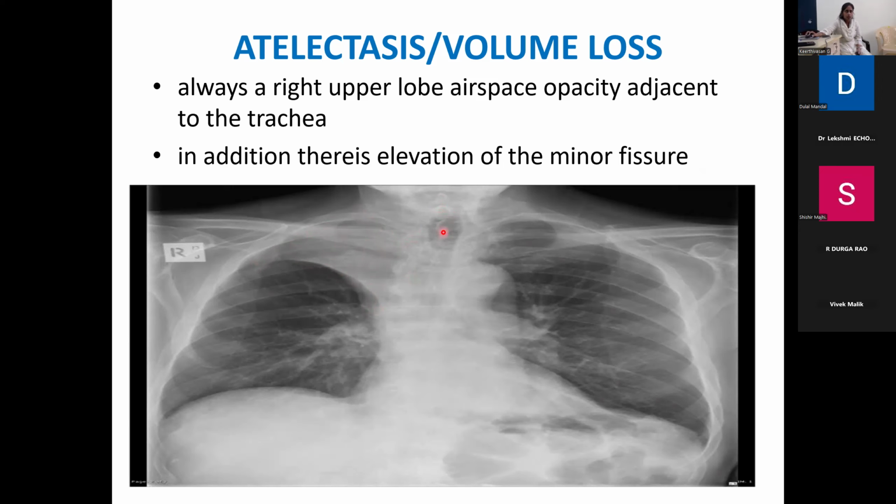The trachea is slightly pulled towards the right. And the minor fissure is also pulled upwards. It is neither straight nor bulging, but it has a concavity. So these are the signs of volume loss or atelectasis.